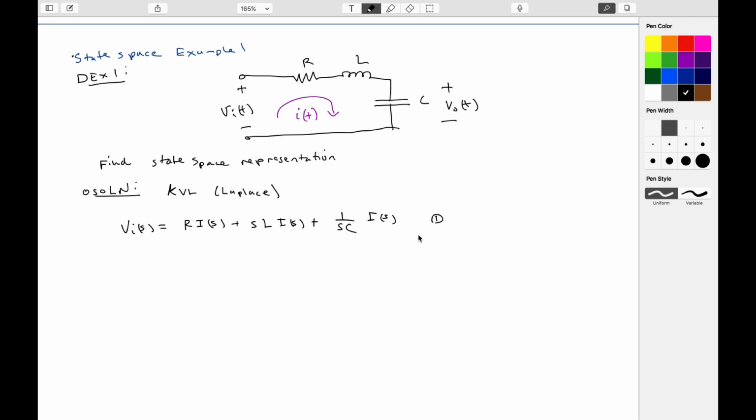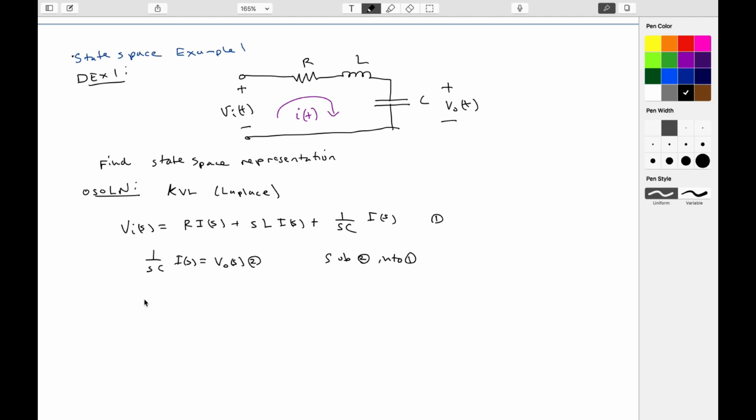The second equation would be that 1 over SC times I of S is equal to V out of S. And we can just sub this directly. So sub 2 into 1.